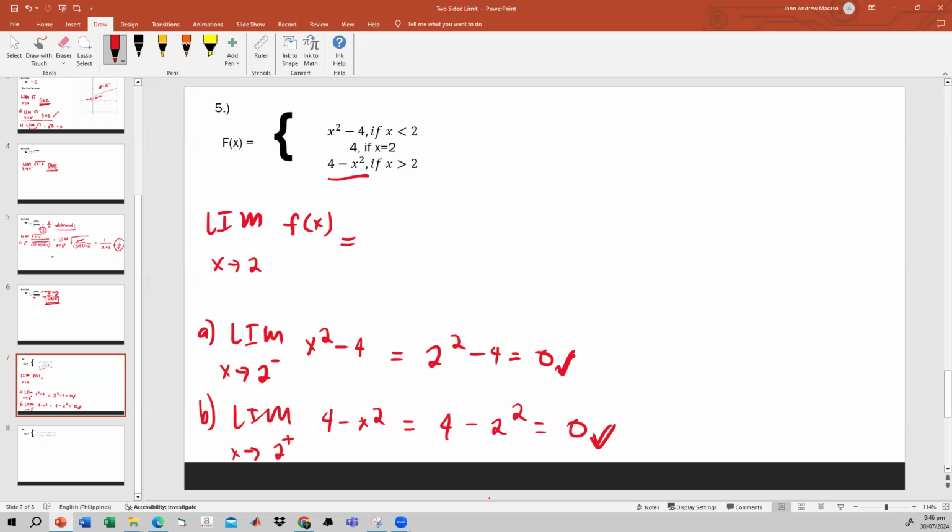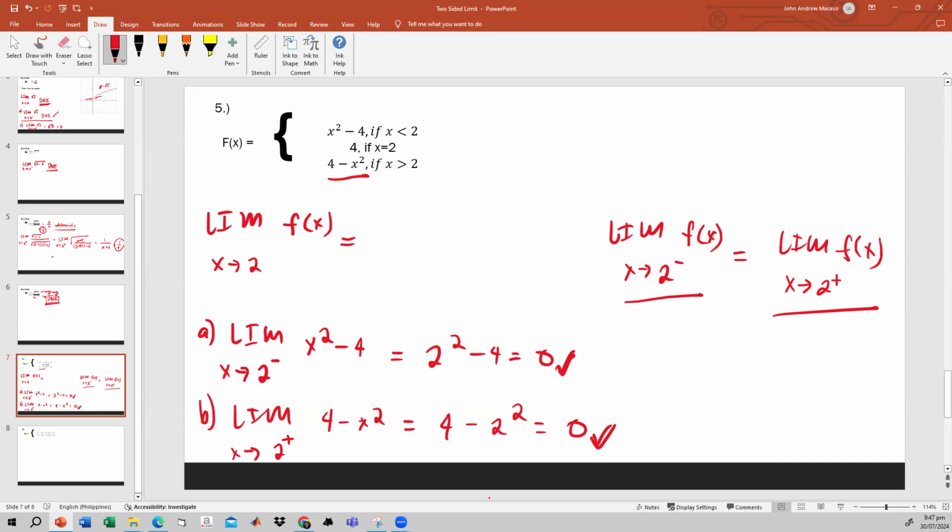Since they are both equal, since the limit of f of x as x approaches 2 from the left is equal to the limit as x approaches 2 from the right, and they are both equal to 0, it means that the limit of f of x exists, and the value of the limit is equal to 0.